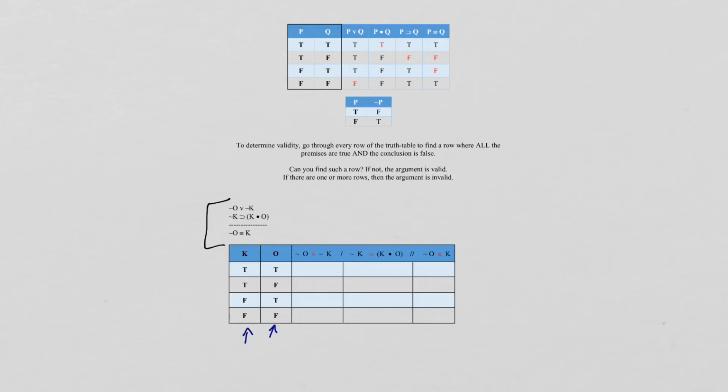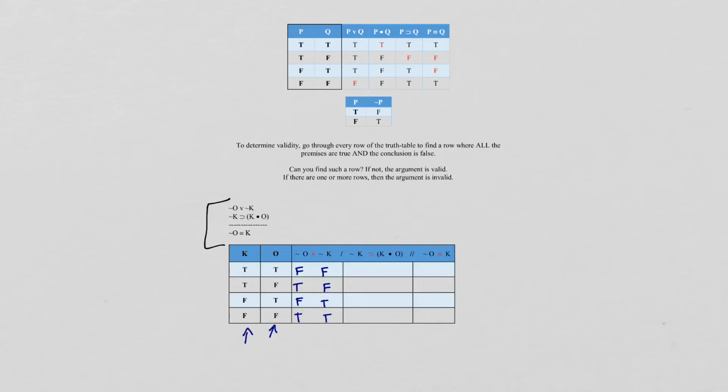Instead of copying down O, we're just going to do not O. So T turns to F, F turns to true, T turns to F, F turns to true, and same thing with K. We're going to copy down not K. So we'll end up with false, false, true, true.